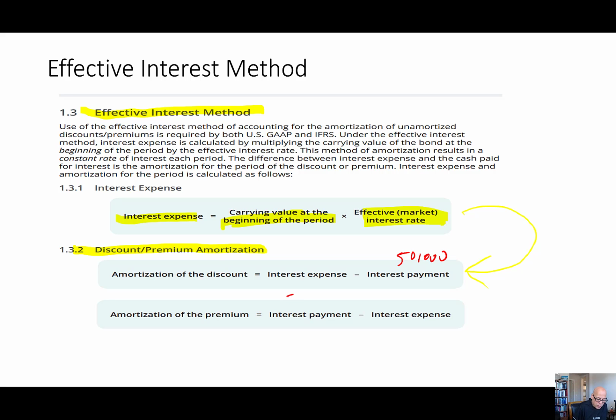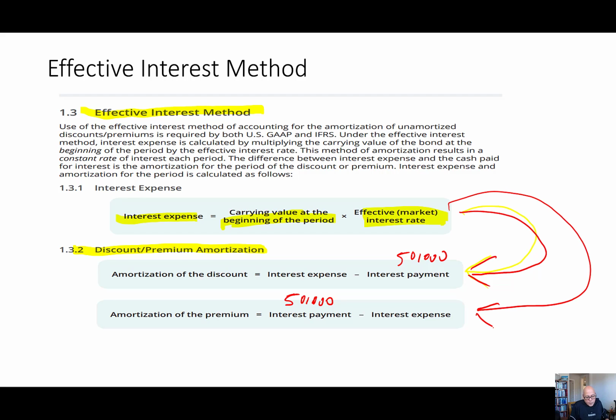It's $50,000 regardless of whether it's a premium bond or a discount bond, right? But the amortization is going to be the difference between that $50,000 and whatever the interest expense is, that we will always calculate by taking the carrying amount of the bond and then multiplying that by the market rate of interest.